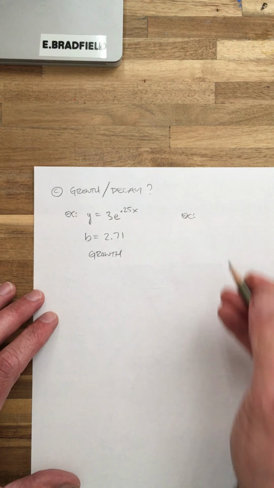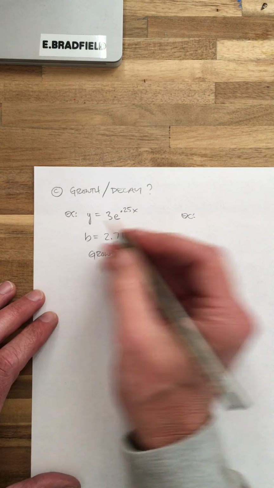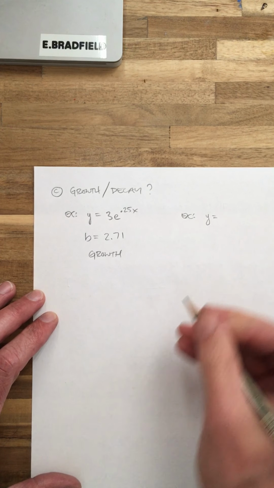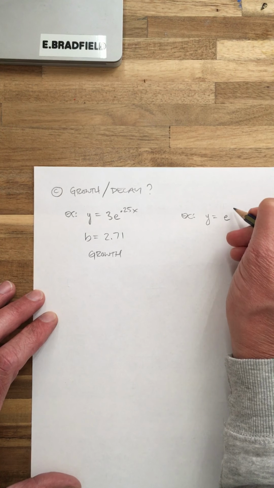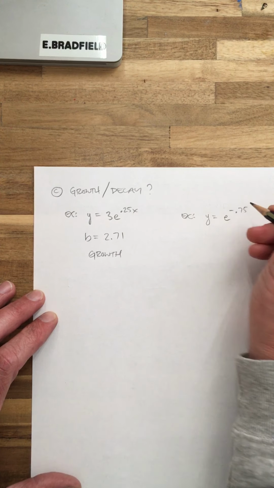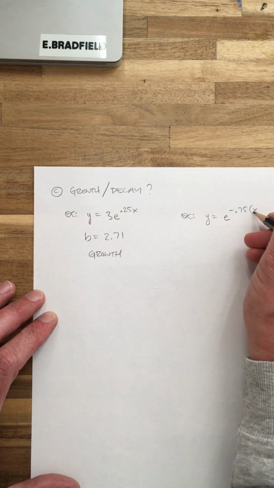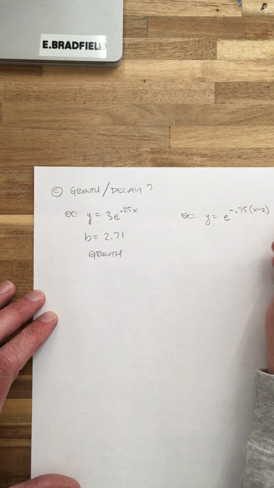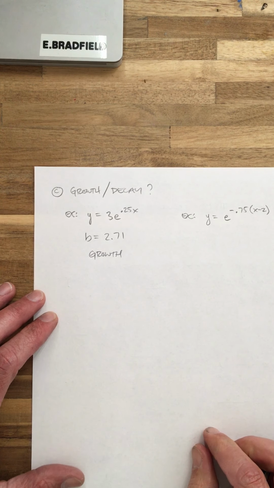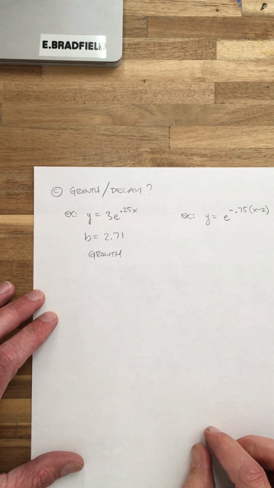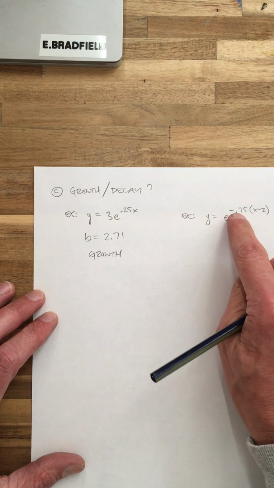Example: y equals e to the negative 0.75 times x minus 2, and then plus 1. What do you think that's going to be? Notice that negative.